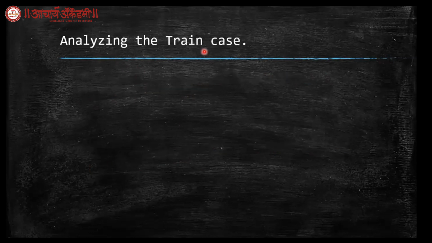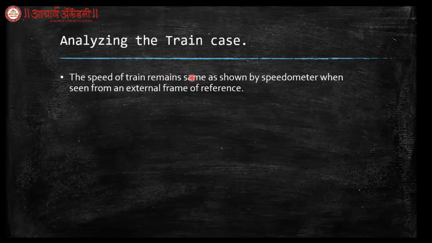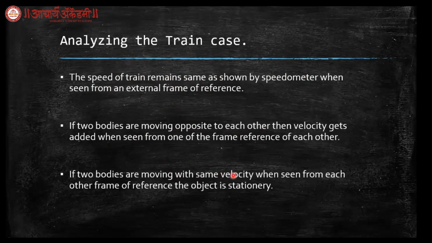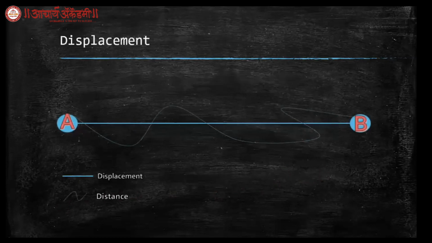Analyzing the train case: the speed of the train remains the same as shown by the speedometer when seen from an external frame, as in the case where a boy is seeing the train. If two bodies are moving opposite to each other, the velocities get added. That is the case where the trains are opposite to each other. If two bodies are moving with the same velocity when seen from each other's frame of reference, the object is stationary. That is case number 3 of the trains.